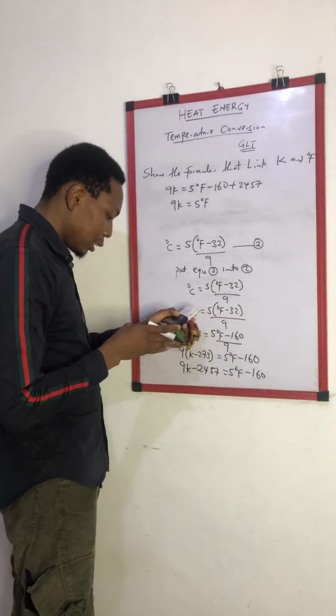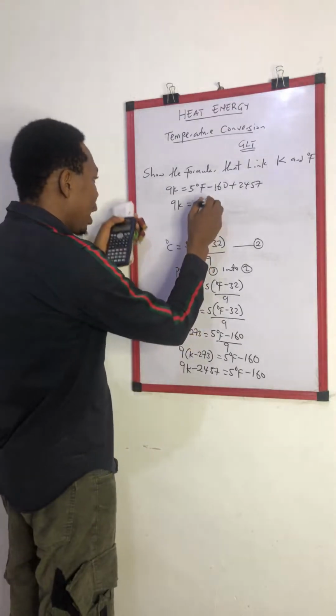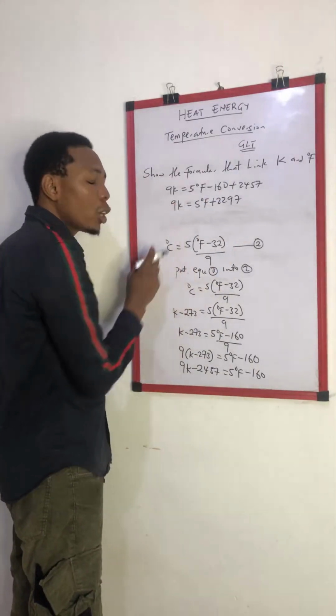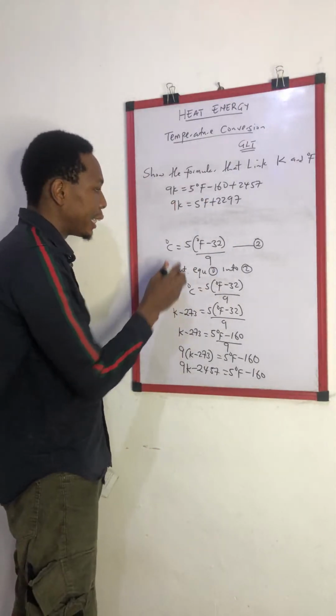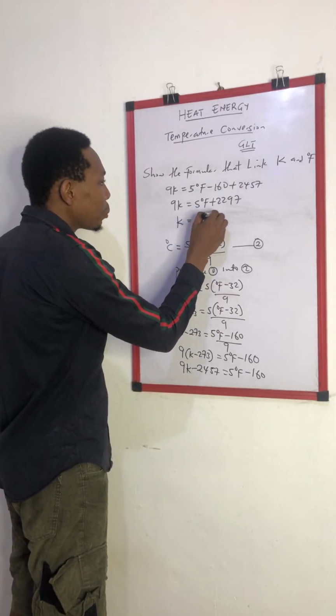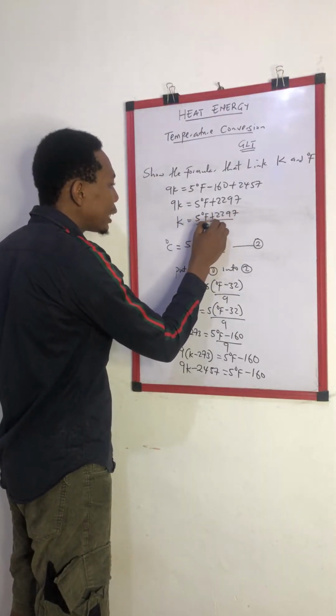So minus 160 plus 2457, we are going to have plus 2297. So to make K the subject of the formula, I'll divide both sides by 9. So our K will be equal to 5 degree Fahrenheit plus 2297, then all over 9.